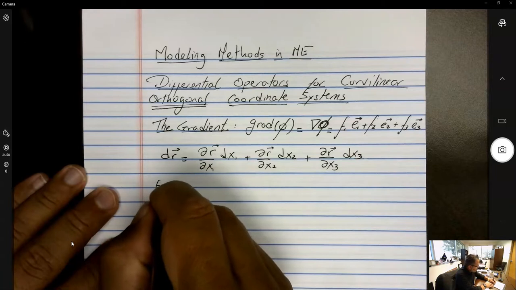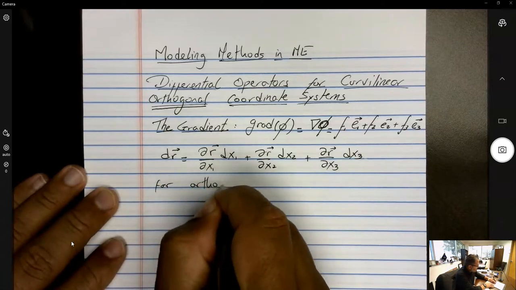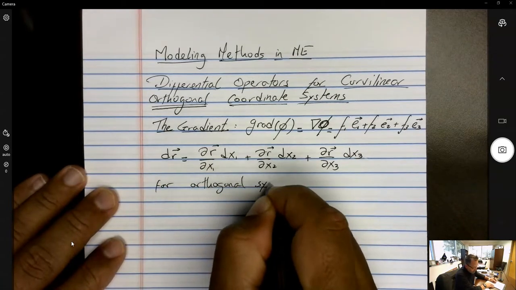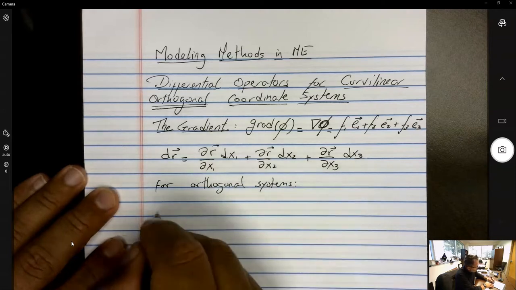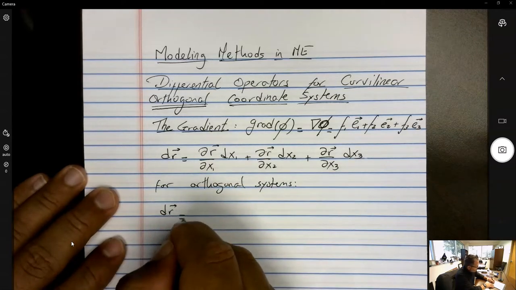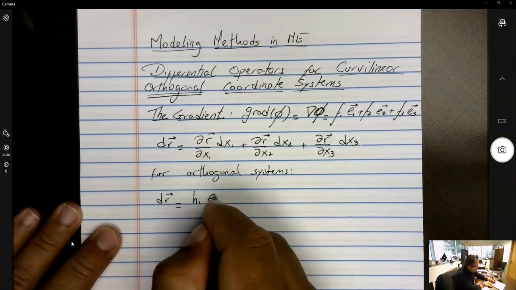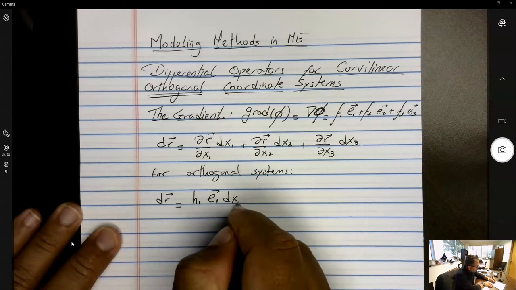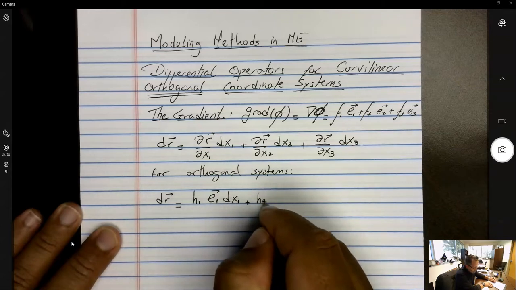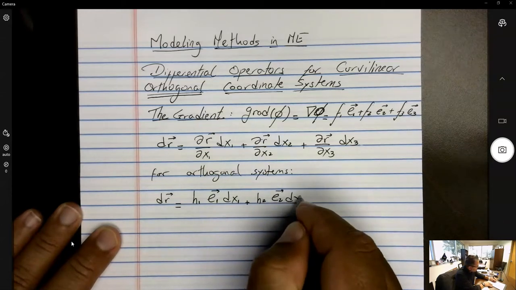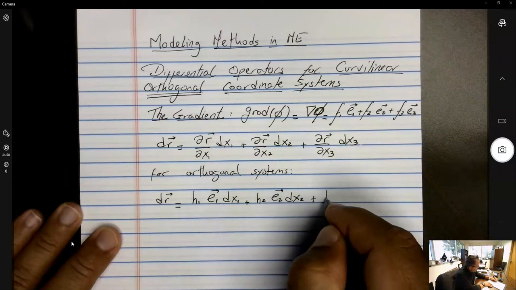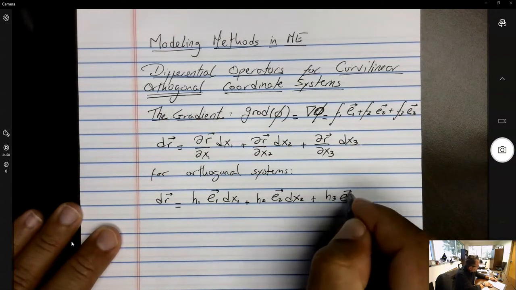Now, for orthogonal systems, the differential position vector can be expressed as h1 e1 dx1 + h2 e2 dx2 + h3 e3 dx3.